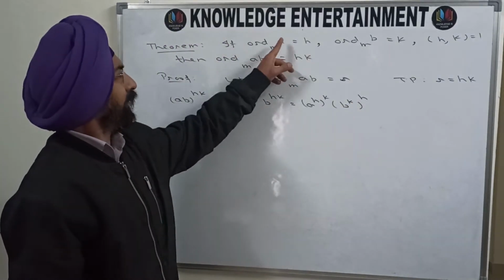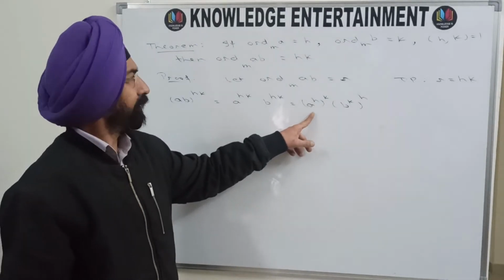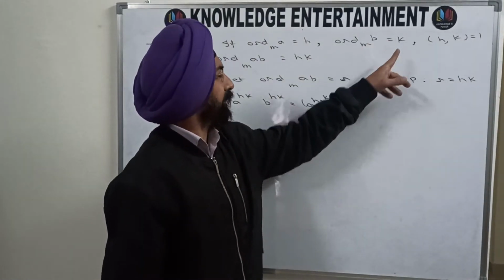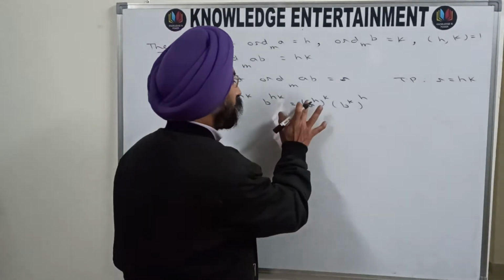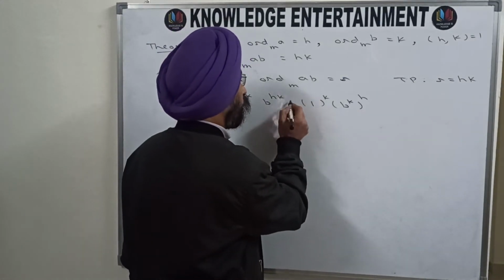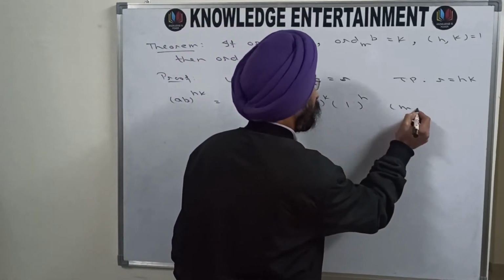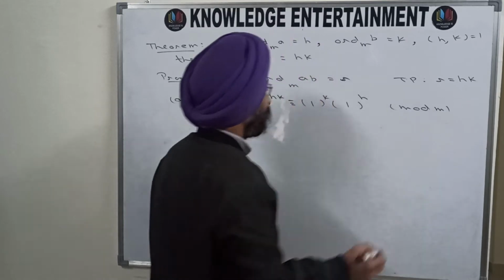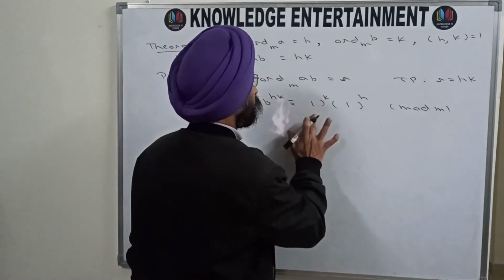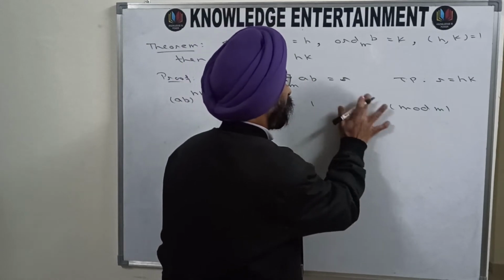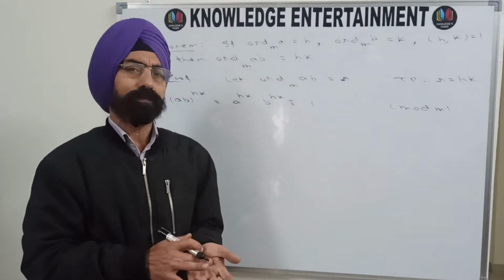Since order of a modulo m is h, a^h is congruent to 1 modulo m, and order of b modulo m is k, so b^k is also congruent to 1 modulo m. So 1^k times 1^h is nothing but 1. So we obtain that (ab)^hk is congruent to 1 modulo m.